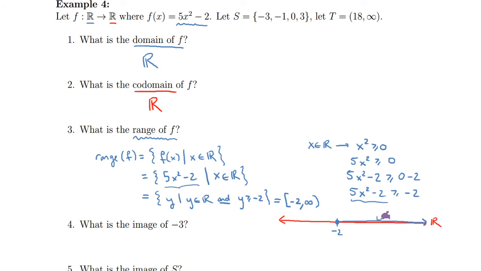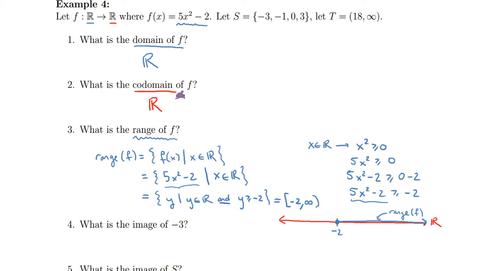Okay, so this is our range of f. I'm just pointing this out to illustrate the fact that the range will always be a subset of the codomain. So do you see that the collection of outputs lives in the reals.